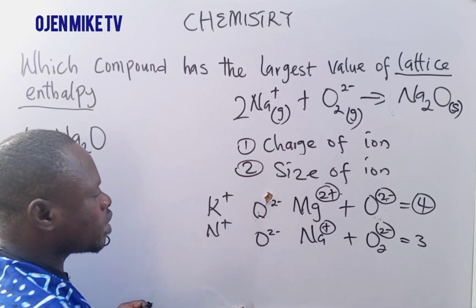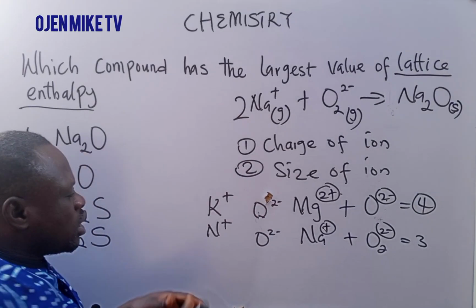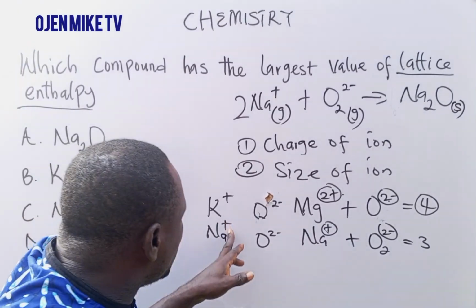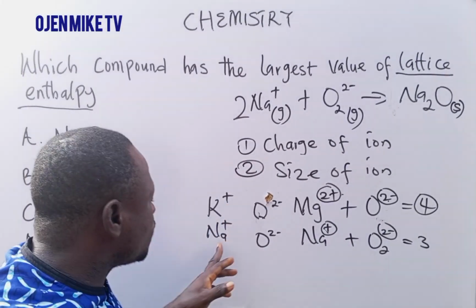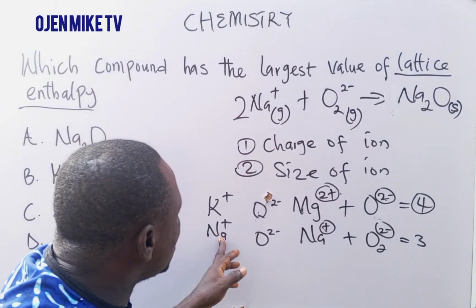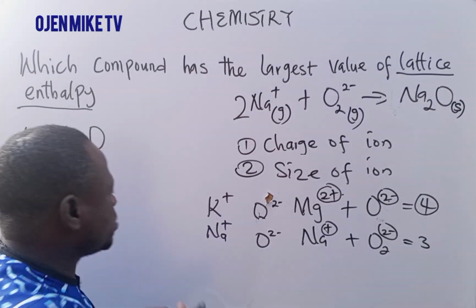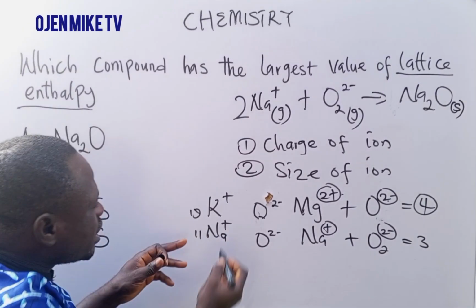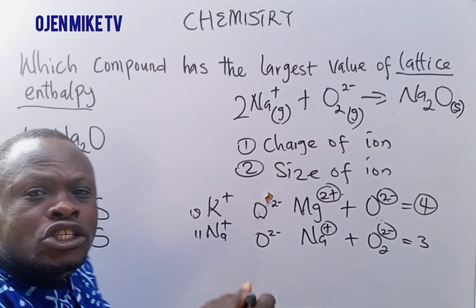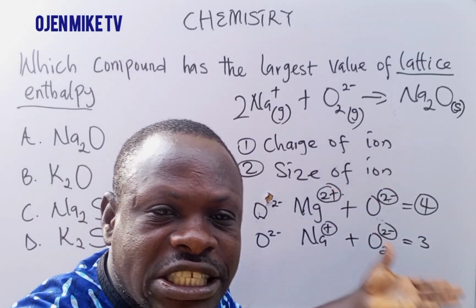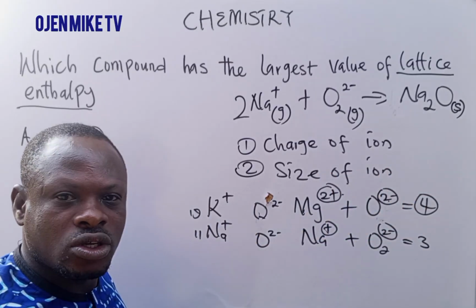They are the same atom type. Now, Na is smaller than K. The size of this sodium ion is smaller than the size of potassium. Potassium is 19, this one is 11. So the smaller the size, the higher the lattice enthalpy. Do you get that?